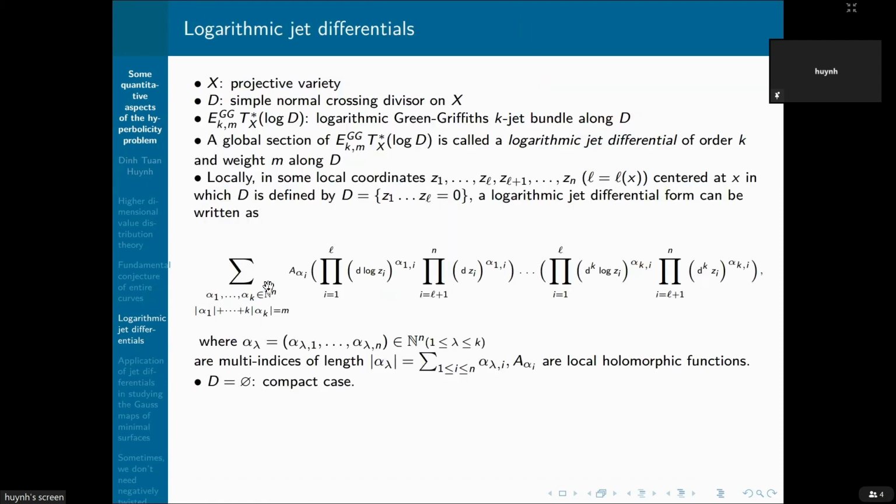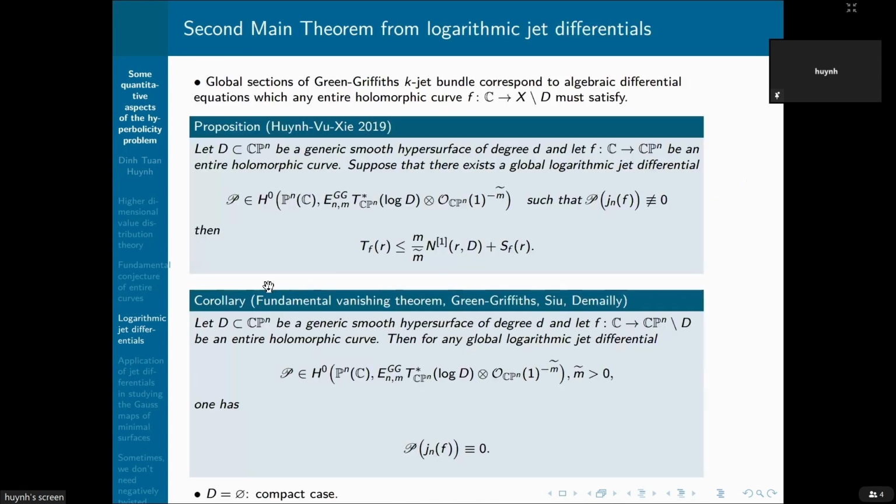And this is classical: a global section of this bundle will provide you an algebraic differential equation which any entire curve f from C to X avoiding D must satisfy. But furthermore, we also have a quantitative result for this statement.